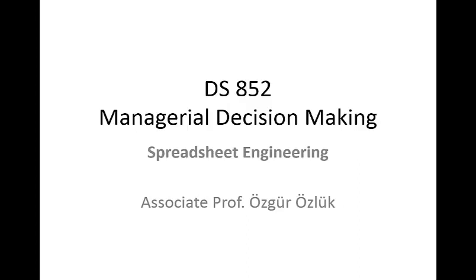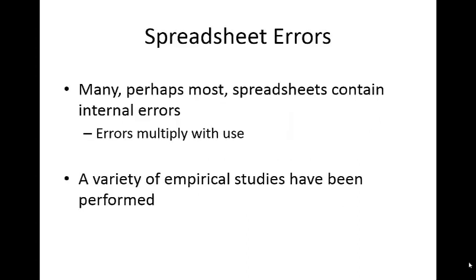It's great that companies use spreadsheets for decision making. What's not so great is that they do not spend a lot of time to engineer well-created spreadsheets. There has been a lot of research on spreadsheet errors, and it's been shown time and again that most spreadsheets contain errors.